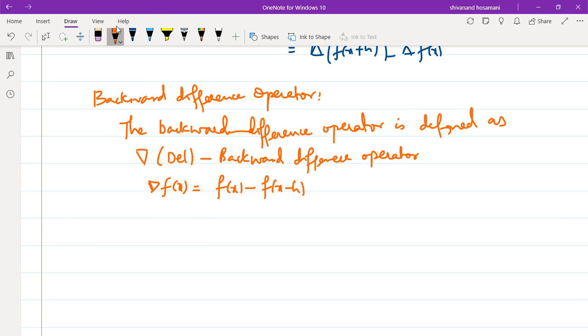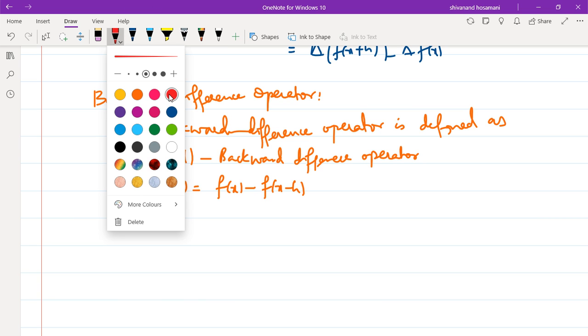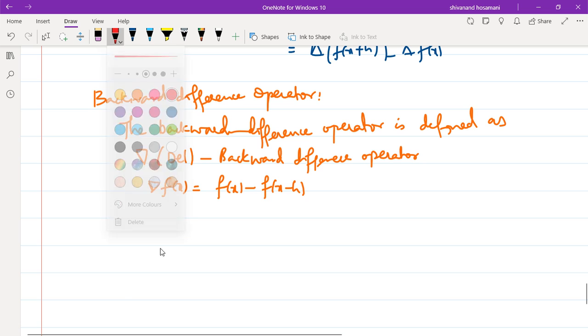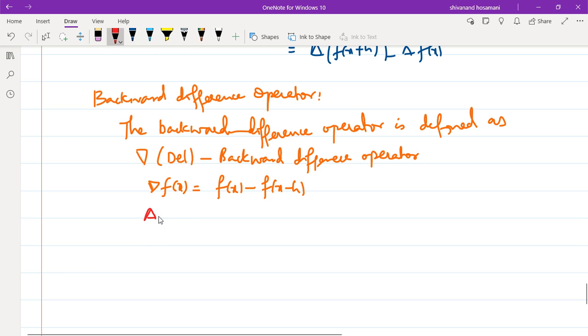Now please compare the two operators, delta and del. Delta f of x is nothing but f of x plus h minus f of x, and the backward difference operator, that is del f of x, is f of x minus f of x minus h.